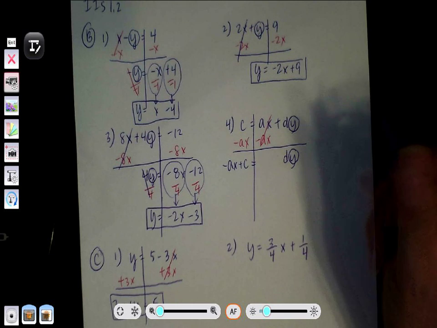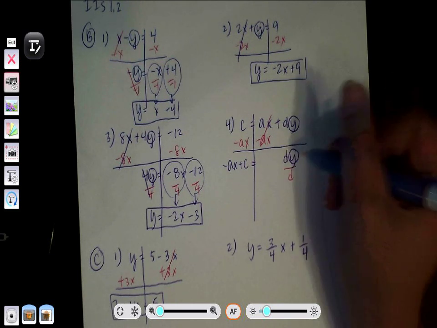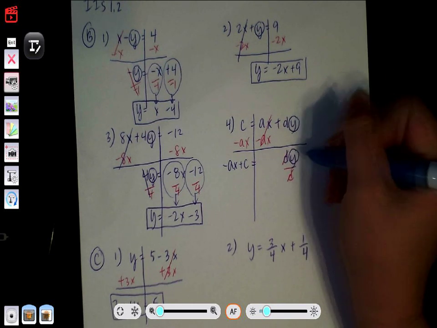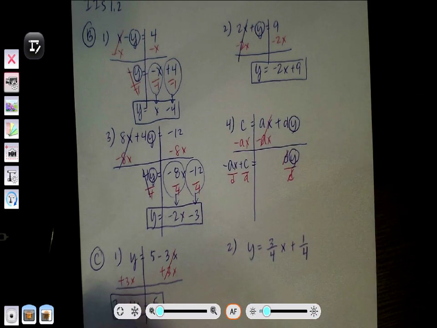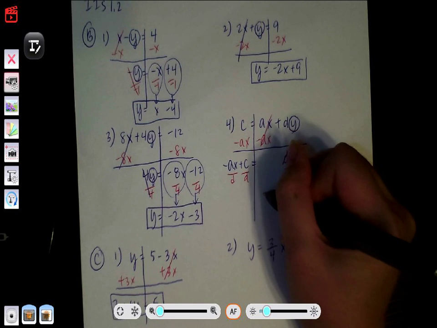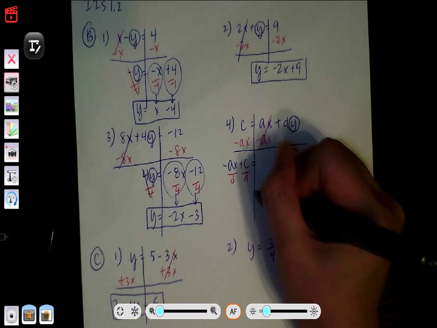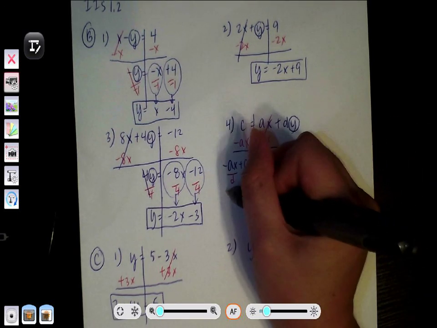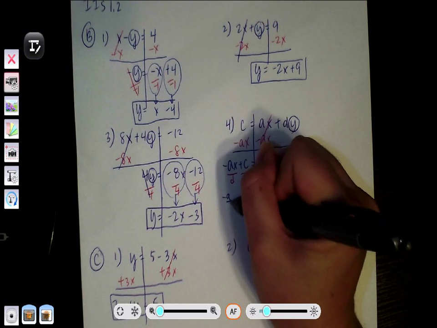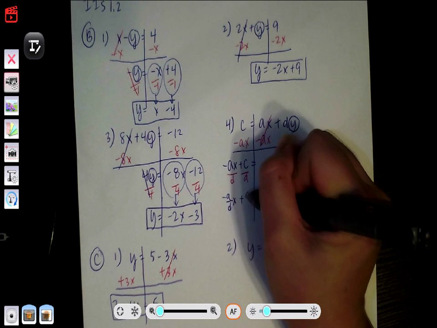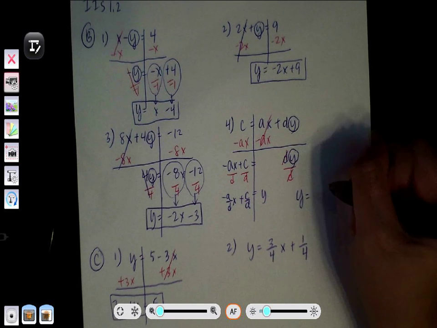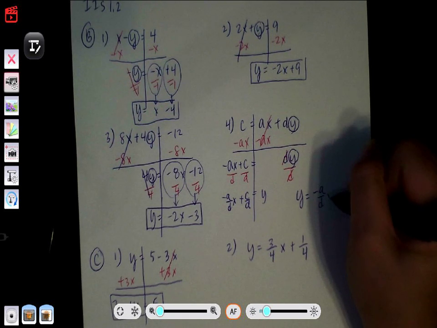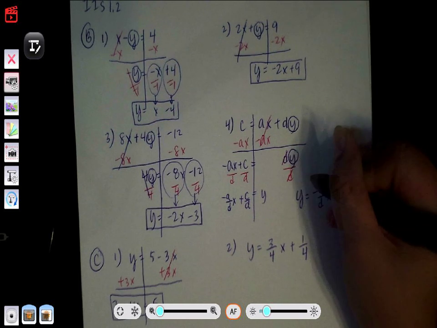So you're going to divide by d on both sides of the equation to isolate the y, but make sure that you do it to each of the two parts on the other side of the equation. In other words, you'll be left with only y on the left-hand side, and the right-hand side would be negative a over d x plus c over d. Okay. I would rewrite this as y is equal to negative a over d x plus c over d, like this.